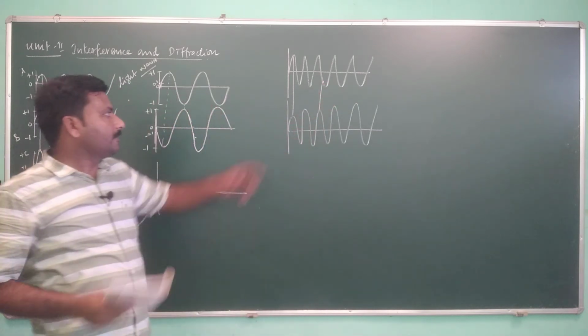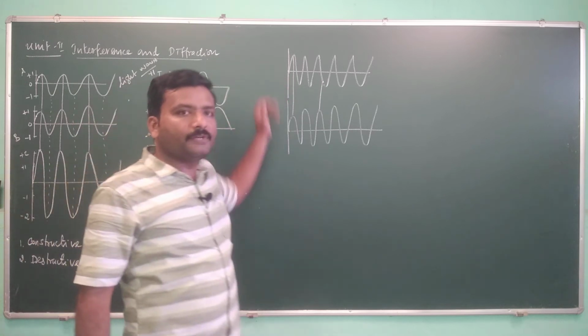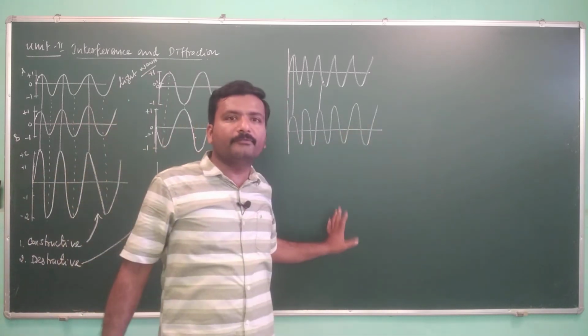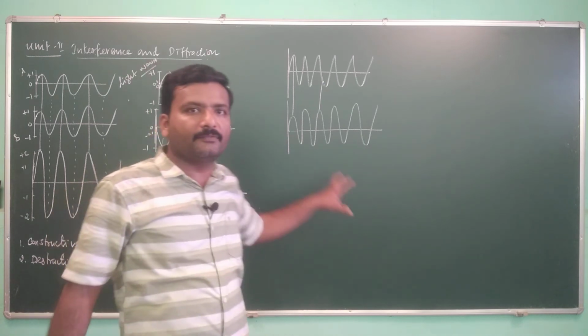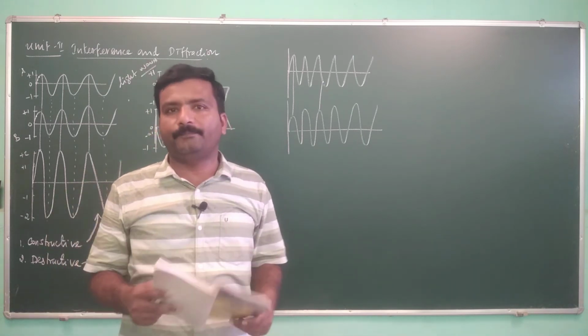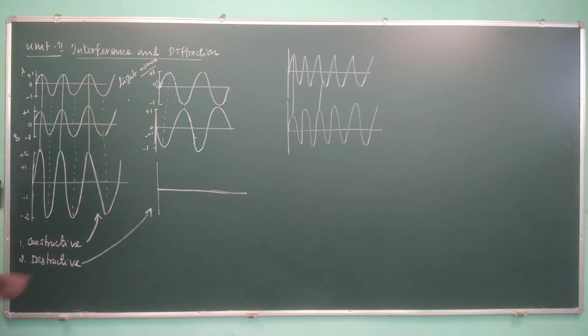So when two waves are interacting, if these two waves have different frequencies, then the resulting wave will have constructive interference at some points and destructive interference at some points. Okay? Fine. When constructive interference happens, the resultant will be maximum.